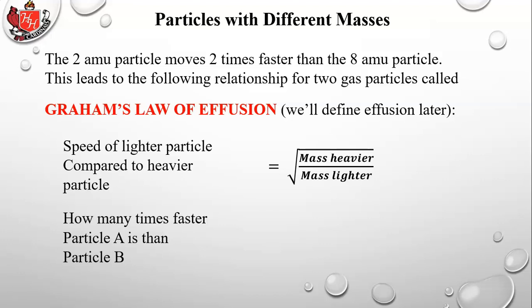Just common sense tells us that the lighter particle is going to move faster. So you take the heavier particle in our example in the previous slide, which was 8, divided by the mass of the lighter particle, which is 2. 8 divided by 2 is 4, and the square root of 4 is 2. And that's what we got on the previous slide, that the lighter particle, particle A, was moving twice as fast as particle B.